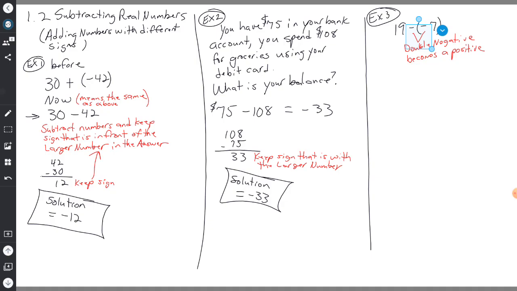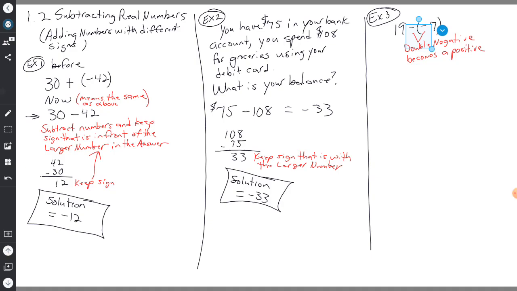But when it had the negative in front, and then the number, and it became a problem, we were working with absolute value then. You can't use this rule with absolute value.